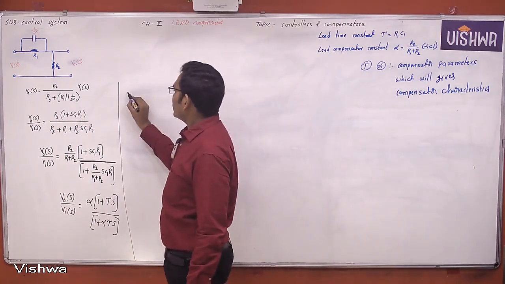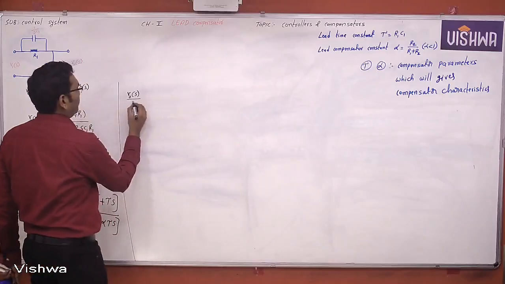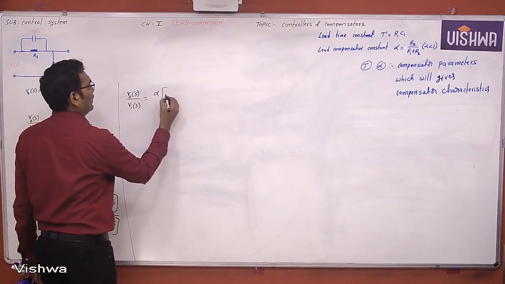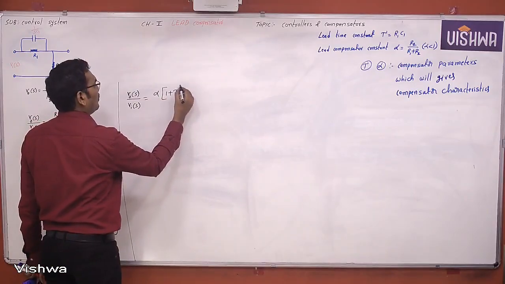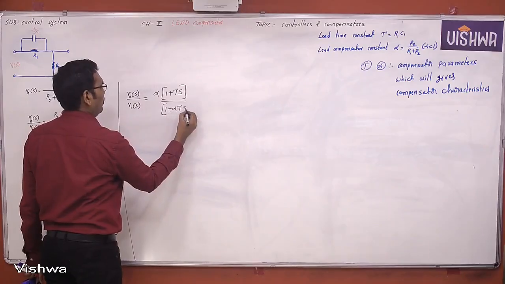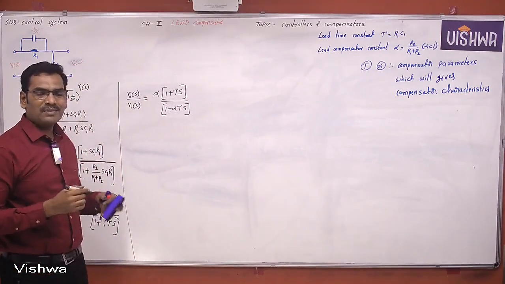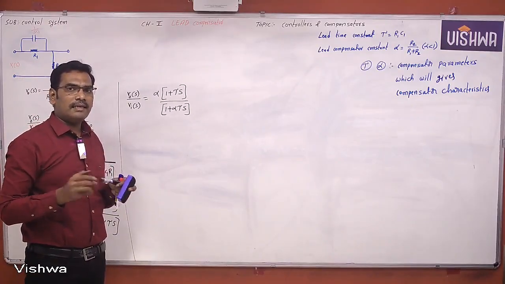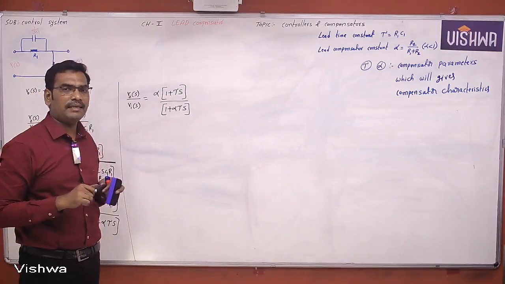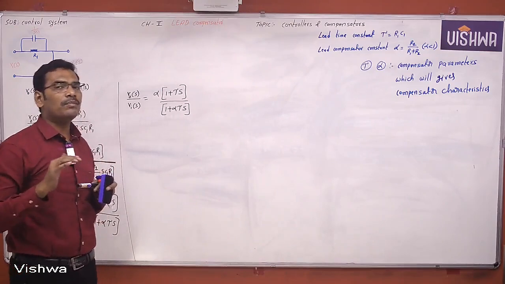This transfer function V naught of S by Vi of S is equal to alpha into (1 plus tau S) by (1 plus alpha tau S). Now this is finally the transfer function. But what I am saying, the time constant and compensator constant are the compensator parameters which will give the compensator characteristics, which is similar to the poles.